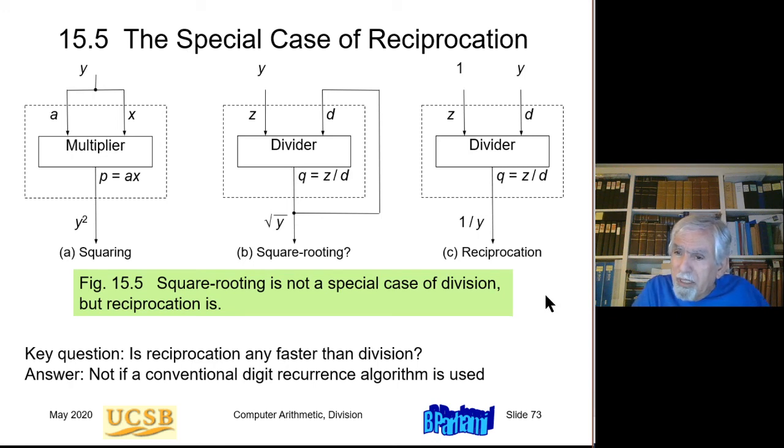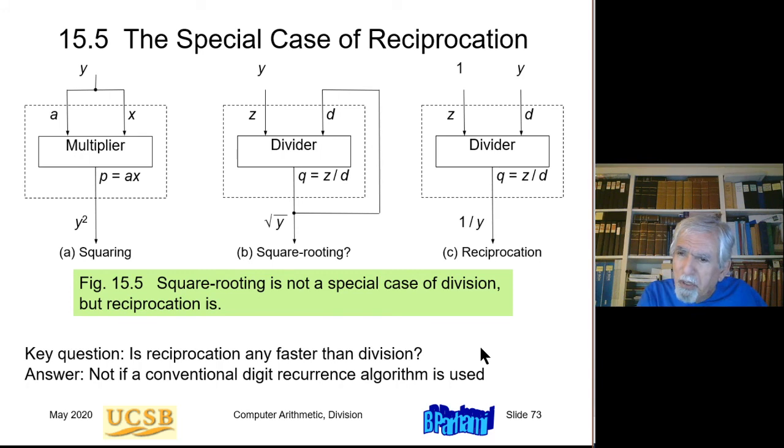Now, the question that arises: is reciprocation any easier than a full-blown division? The answer is no if a conventional digit recurrence algorithm is used. You need the same k iterations regardless of whether z is an arbitrary number or 1. So you can't speed it up in that sense.